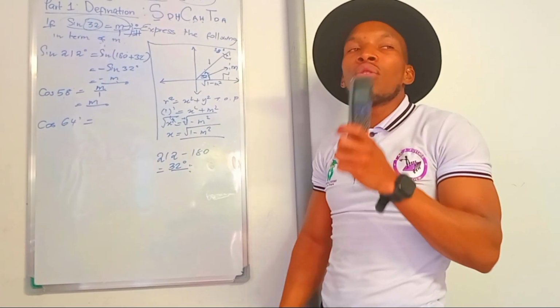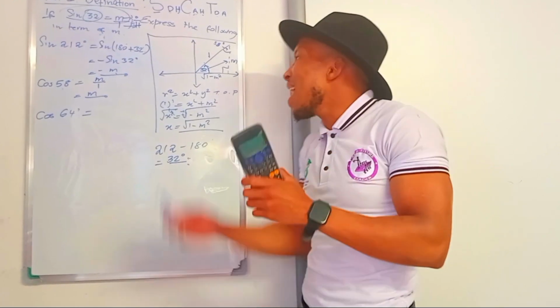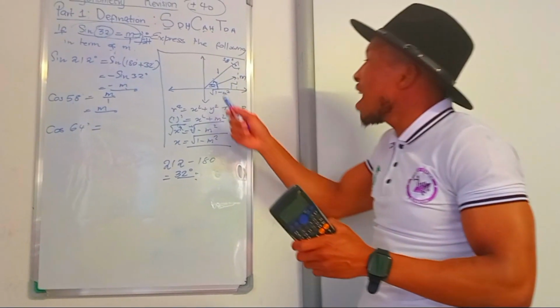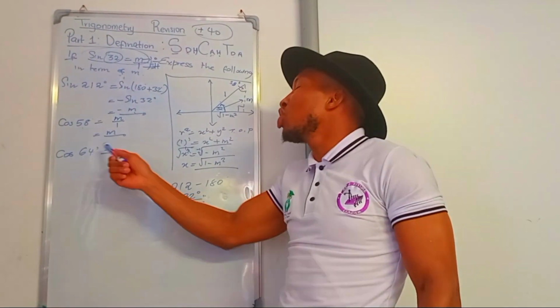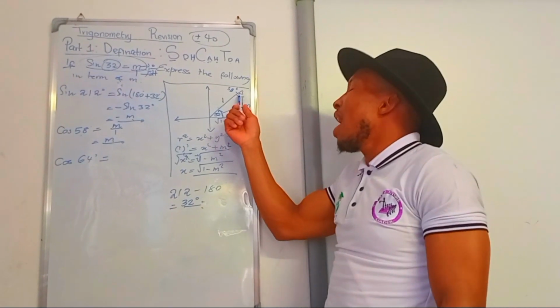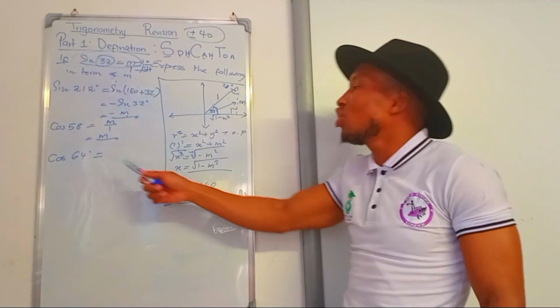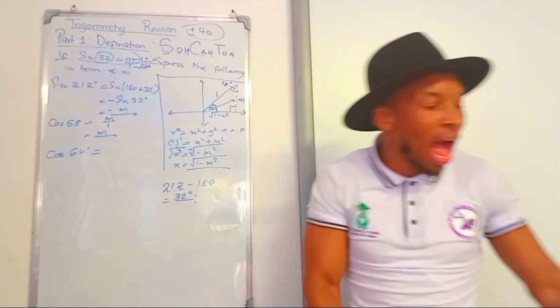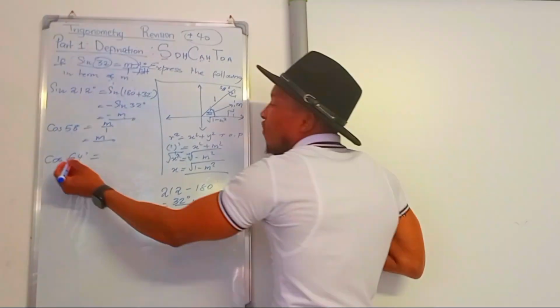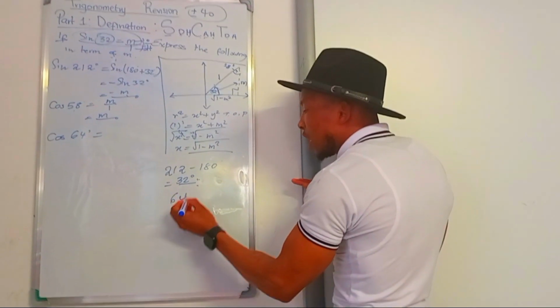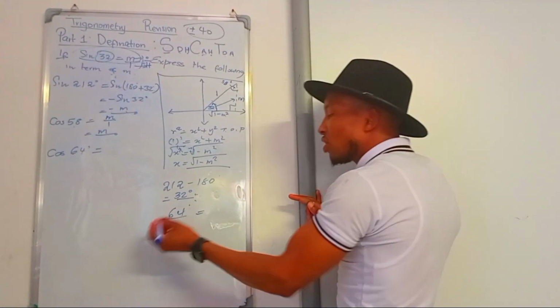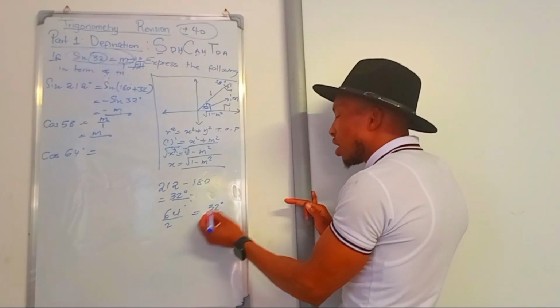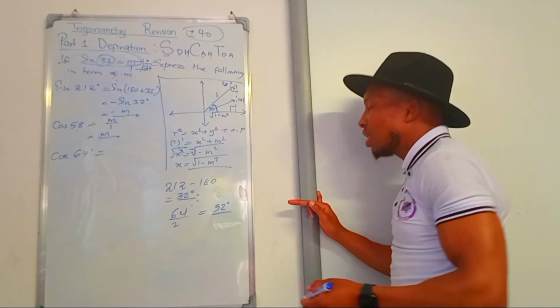After that, we look at the angle inside the triangle that you can multiply by 2, or add to a special angle, to get this angle. If I divide 64 degrees by 2, I get 32 degrees, which is here.